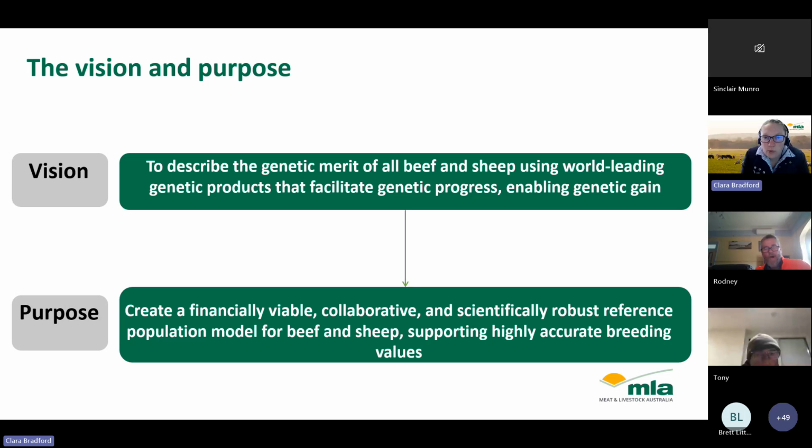And so then the purpose of our reference populations and the strategy moving forward is to create a financially viable and collaborative and scientifically robust reference population model for beef and sheep that supports highly accurate breeding values for selection decisions. So the collaboration piece of this is incredibly important moving forward.